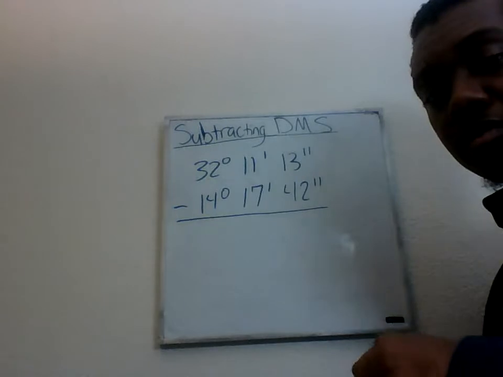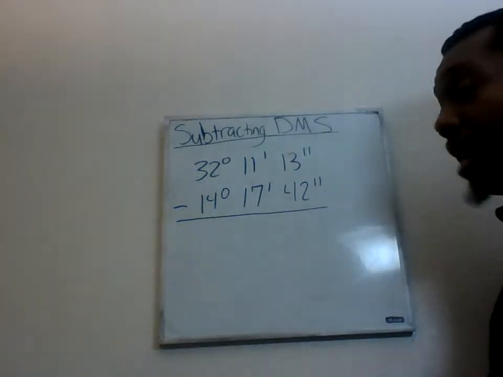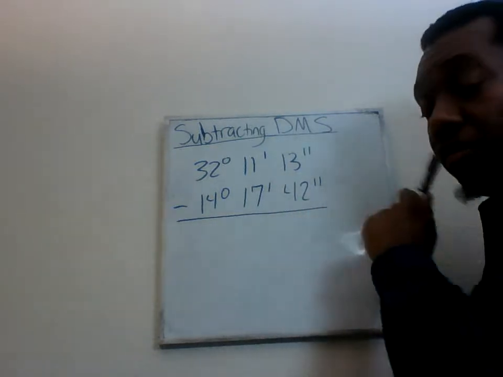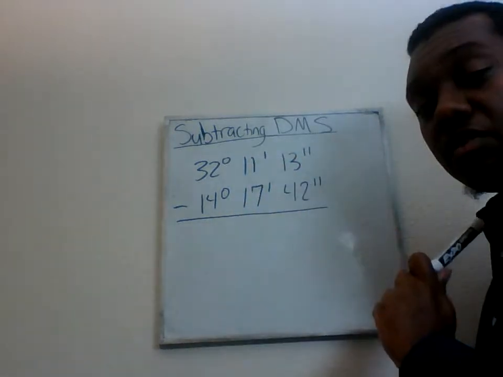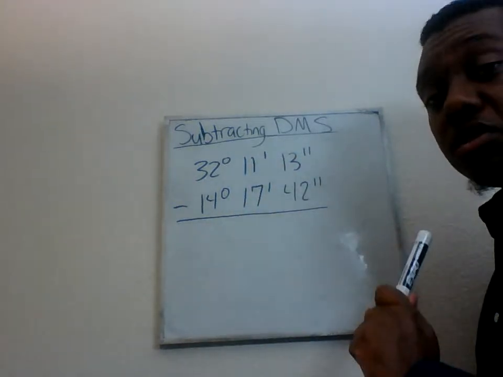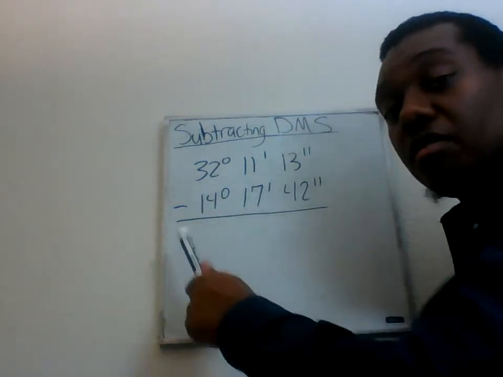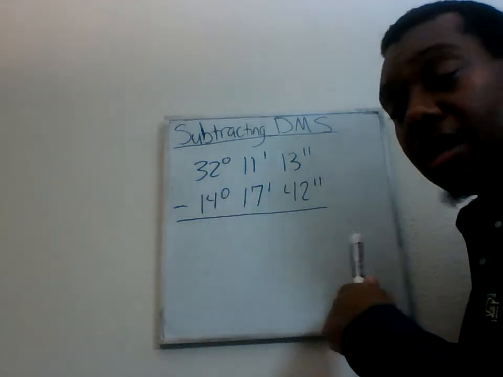Okay? So looking at this example, I see that my 13 seconds is too small to subtract my 42 seconds. So off the bat, I must borrow from the next level. And in fact, when it comes to subtraction, I personally look at every level so I can make sure I borrow from the right point at the start and then work my way back.